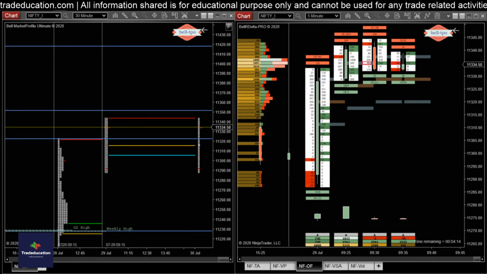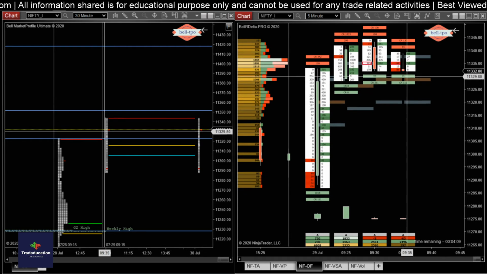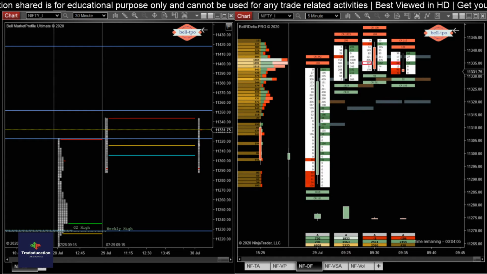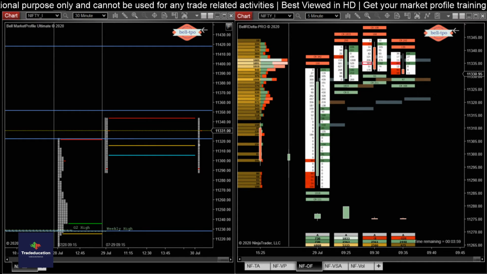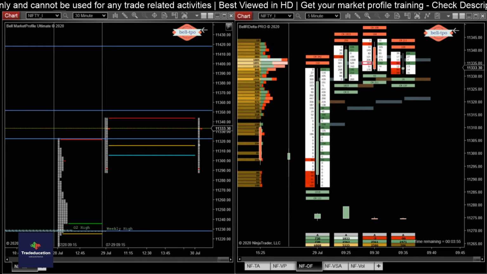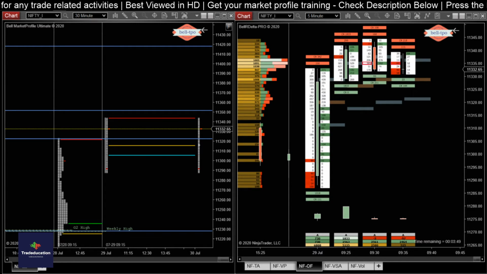Sorry. So good wick is forming, showing the selling pressure. So there is a shift in delta now, but again hold your horses. So these are the fake, or the trapping moves.